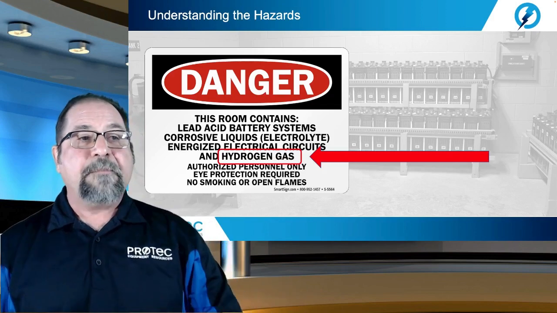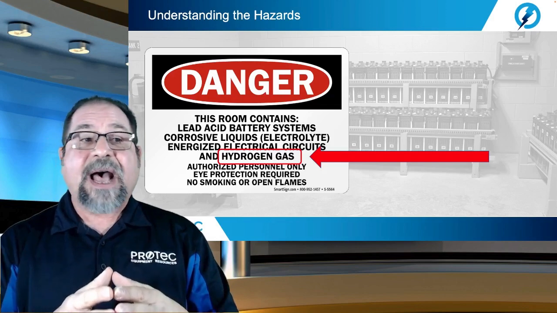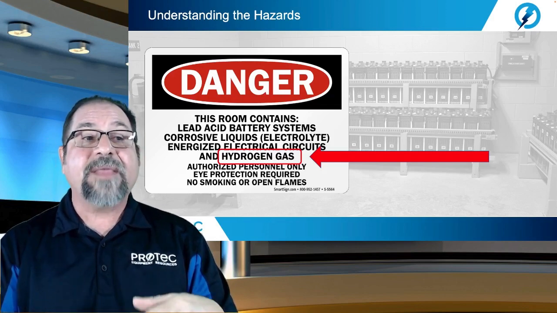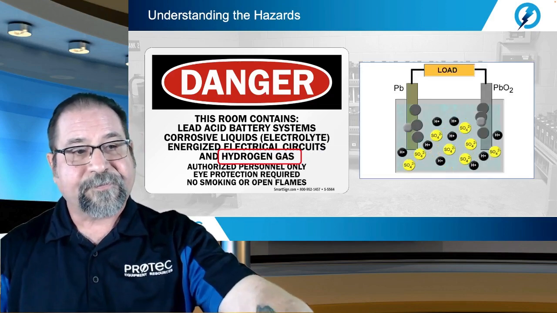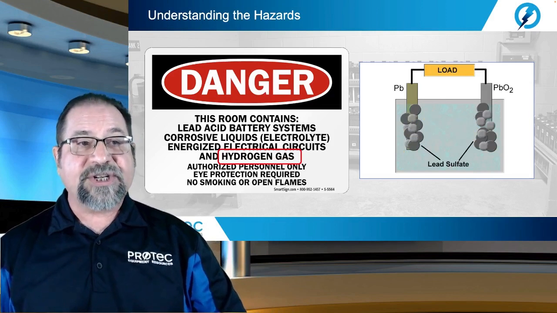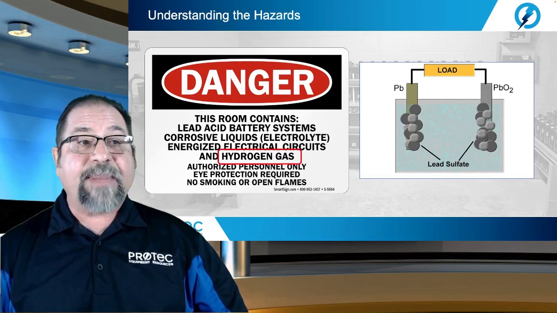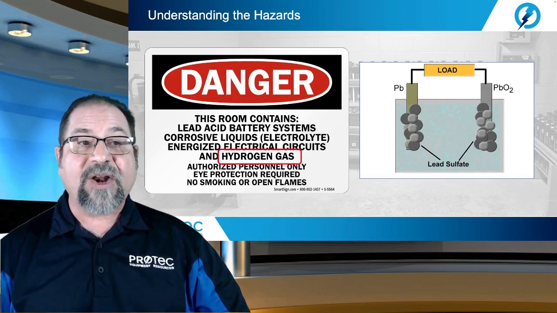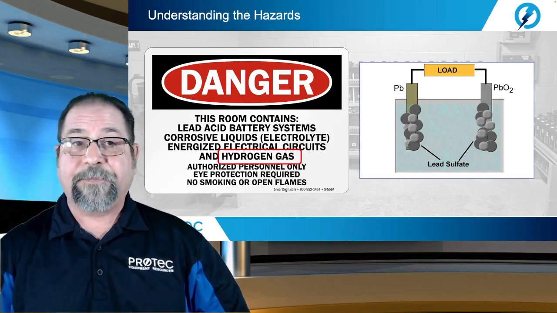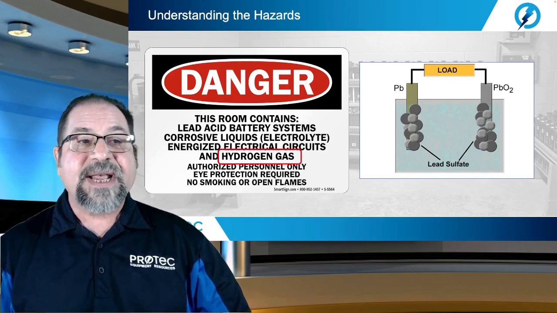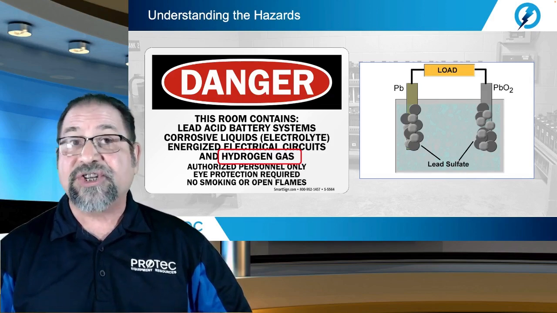Now, among the hazards when working around lead-acid batteries is hydrogen gas. Hydrogen is created when the battery is charging. Now, as the battery discharges, some of the sulfuric acid separates from the electrolyte and the battery begins to form lead sulfate on the plates, leaving the electrolyte in a state of mostly water. This process continues and more lead sulfate is formed as the battery is discharged further.